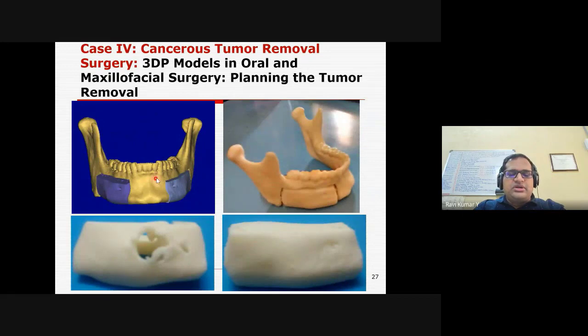Once you remove that portion, how are you going to design an implant for the portion that has been removed?